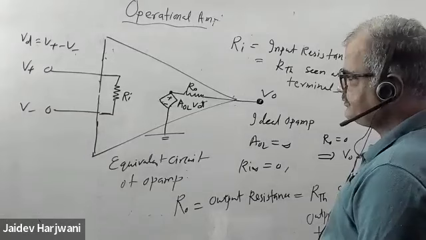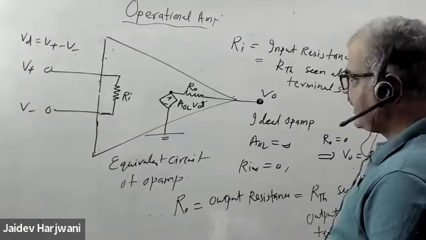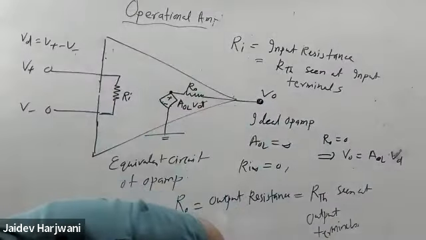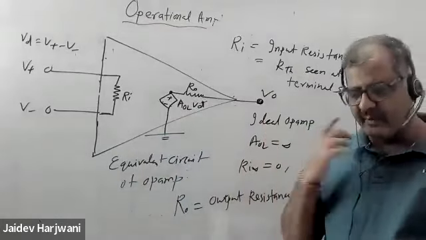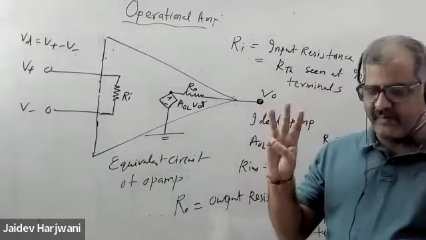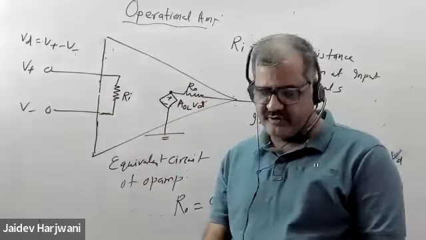Now, for an ideal op amp, there are two important properties which will be required, or you can say which are sufficient to solve any problem. So three properties. One property you understand already, the saturation property, which is useful when you are using open loop configuration.